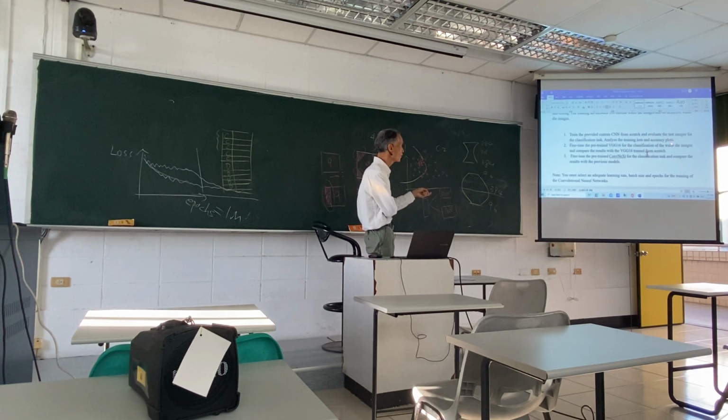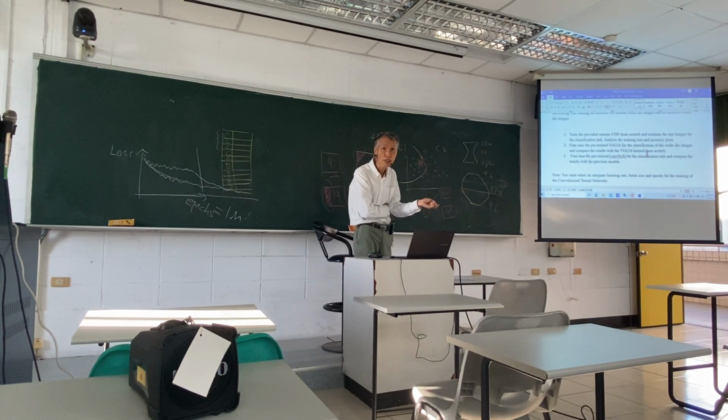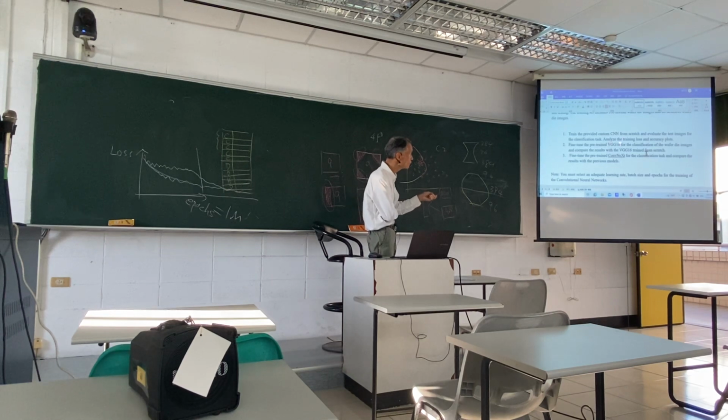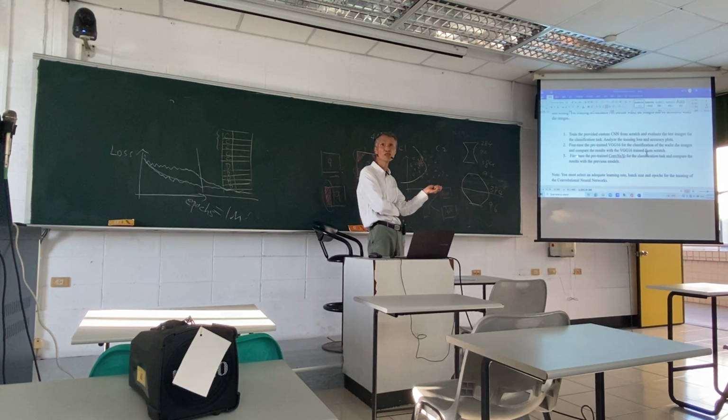data set. And also you need to compare the result of the pre-trained VGG with the VGG that you trained from scratch, because the pre-trained VGG is based on the training on ImageNet. You can see, is there any difference with the pre-trained model or not?